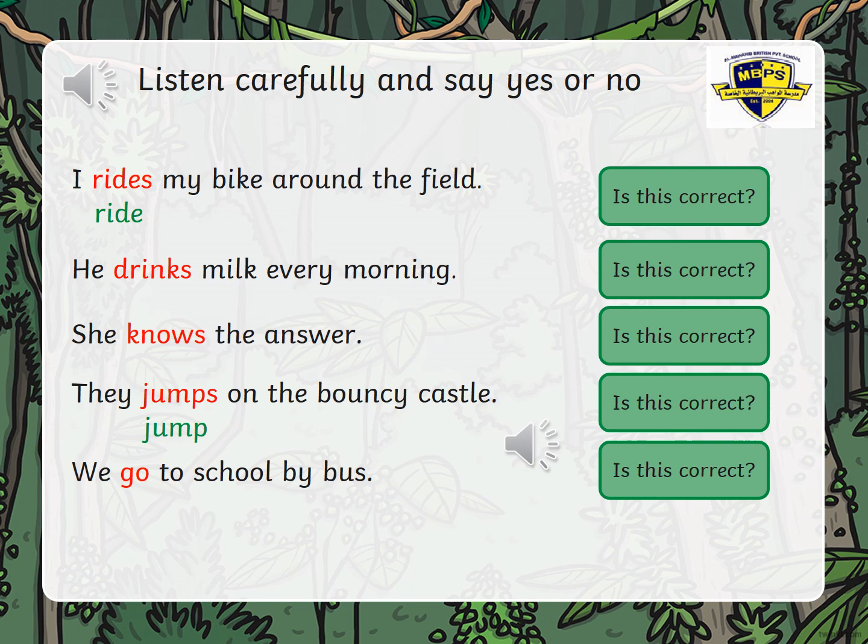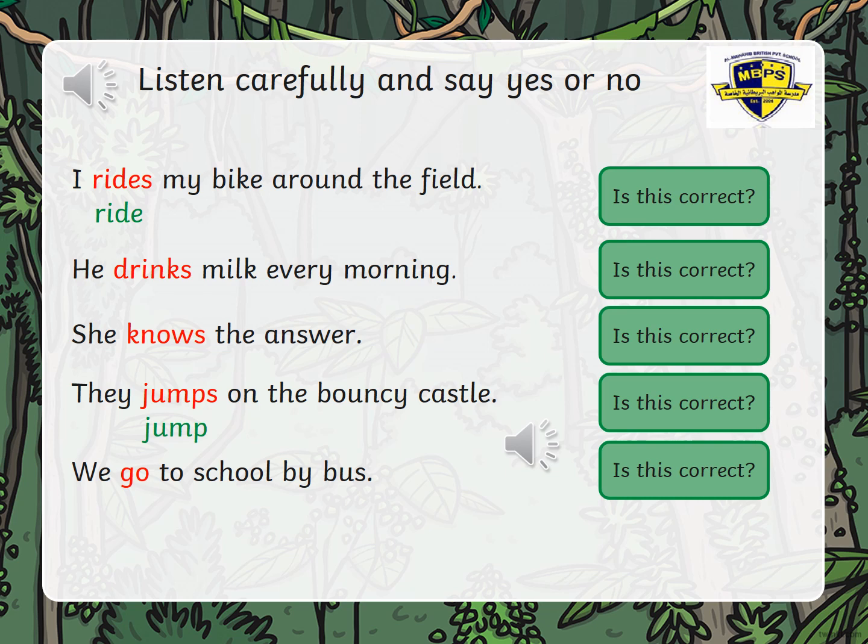I, we, you, and they don't like the verb with S. Is this correct? Yes or no? It's not correct. No, it's wrong. So we're going to write the correct word underneath it in green. It should be they jump. No S.